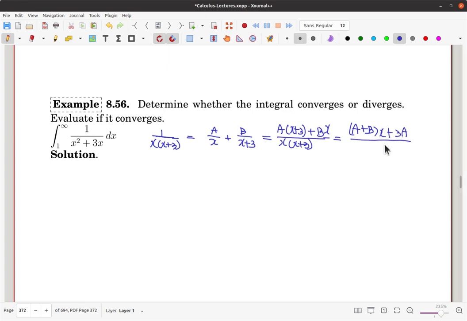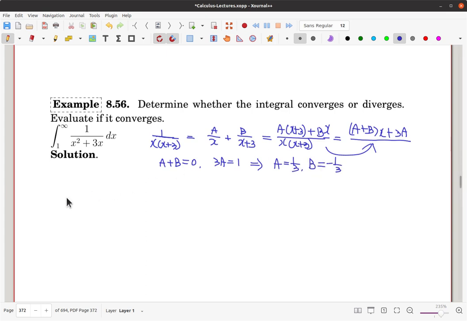And it has that same bottom, right? So it must be 1. That means A plus B must be 0 and 3A must be 1, which means A is 1/3 and B is minus 1/3.